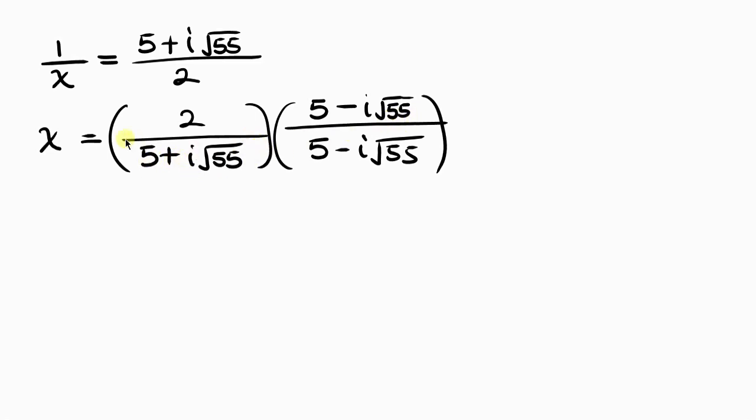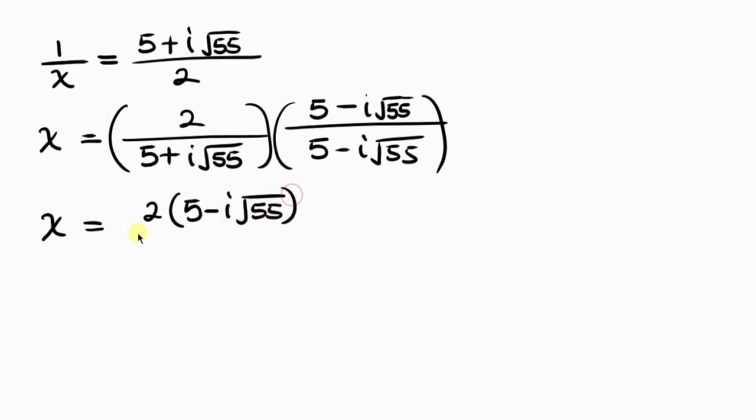Very good. So now x becomes 2 times what I have here. So instead of me doing it that way, I'm going to be writing it just like that. So 2 times this expression, which is 5 minus i root 55. That's it.